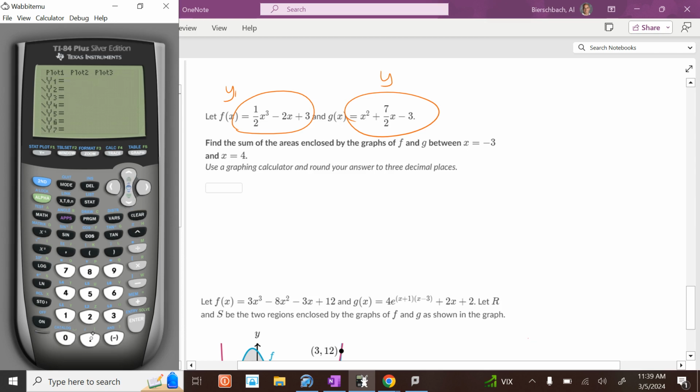So y1 is 1/2 x raised to the third minus 2x plus 3. And this is x squared plus 7/2, which is 3.5, x minus 3. Graph them.